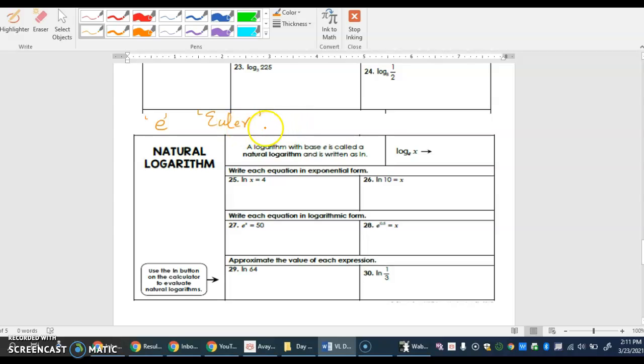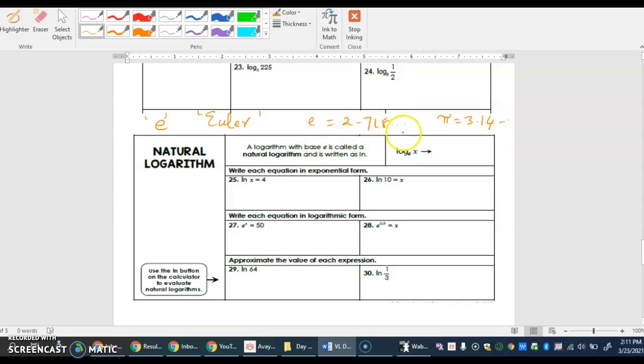Euler played a significant role, and he actually discovered the value or the significance of e, the exponential constant, which is normally 2.718 and so on. It's an irrational number, just like pi. Pi is 3.14 and so on, right? Same way, e is also an irrational number.